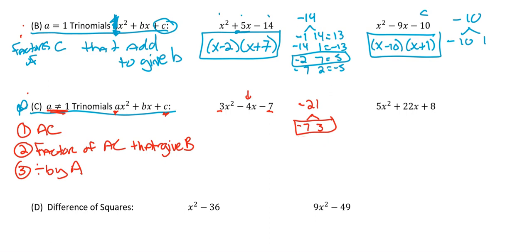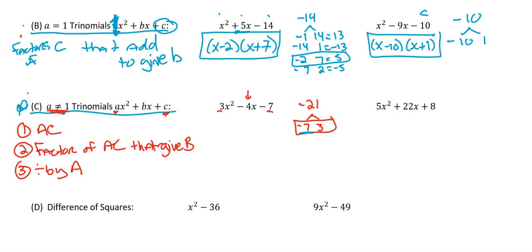Now, the problem is a lot of students will just immediately write it as x minus 7 and x plus 3 out of habit from what we did for the B type of factoring. But that would be incorrect. You have to divide by A in order to finish the answer up. So A in this case is 3.